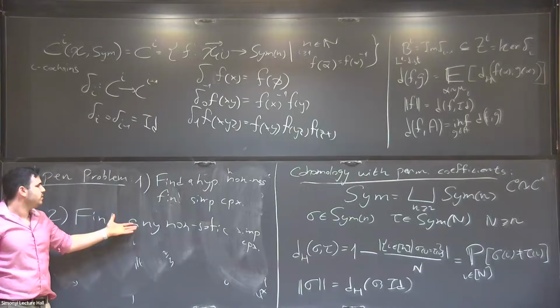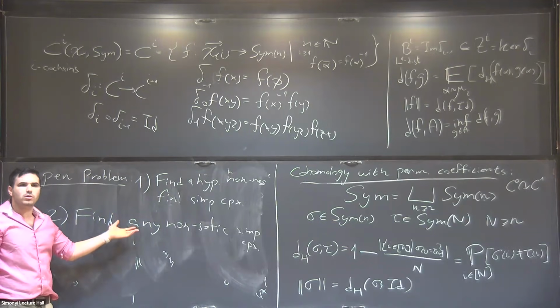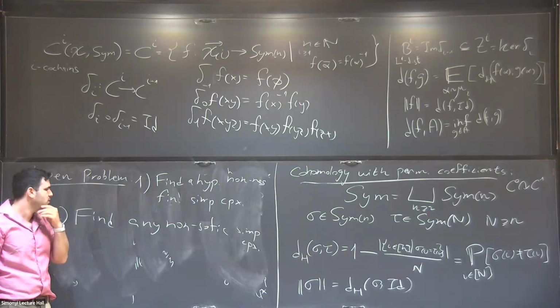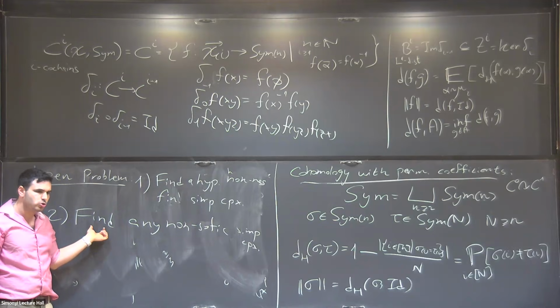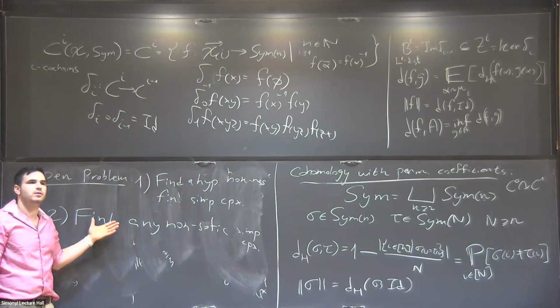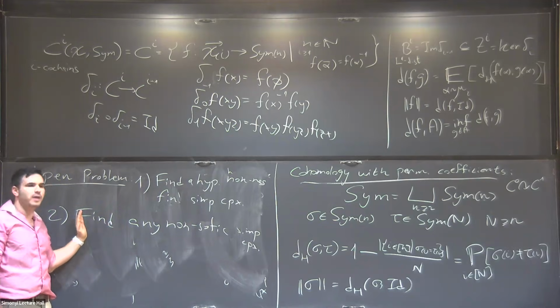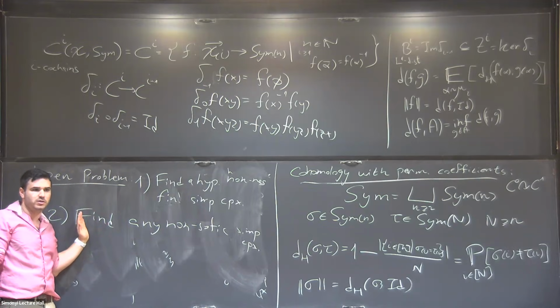They asked, are all simplicial complexes Sophic? It was raised as a question. And quite quickly, at least in the group theory community, people thought that this should be false, that you should be able to find such an object. That's what group theorists thought.